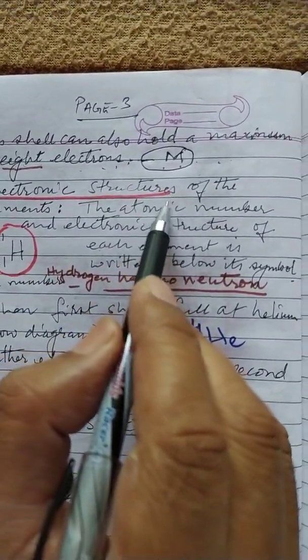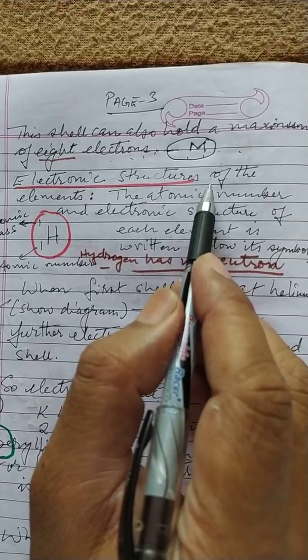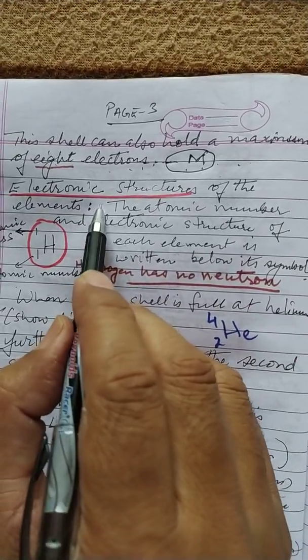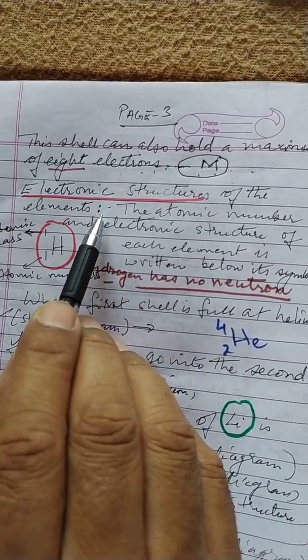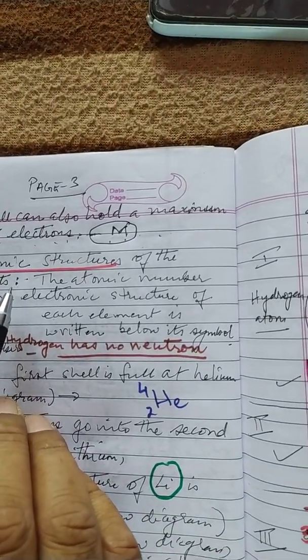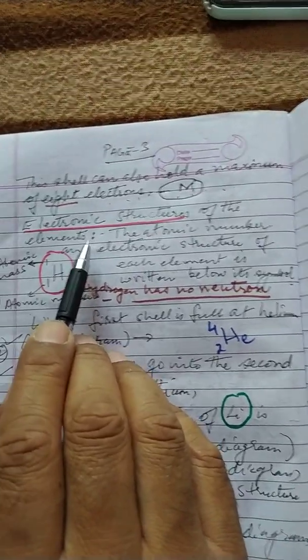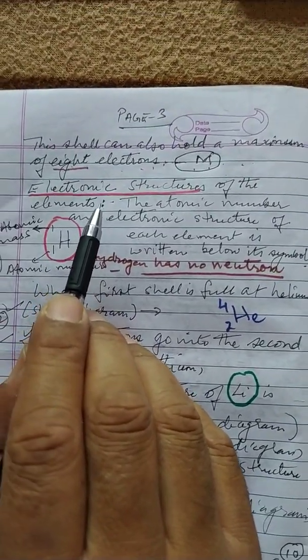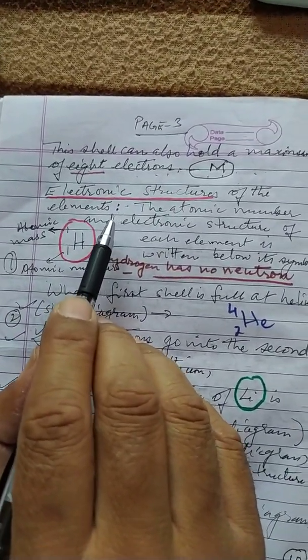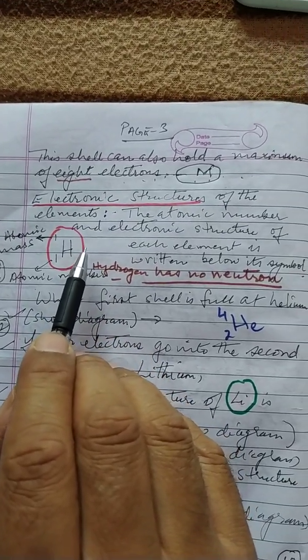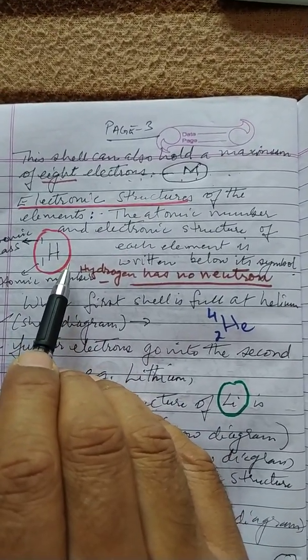Now here we see the electronic structure of the elements one by one. We know there are 118 elements that have been discovered today, and all elements have atoms in them. So here we begin with the first 20 elements.